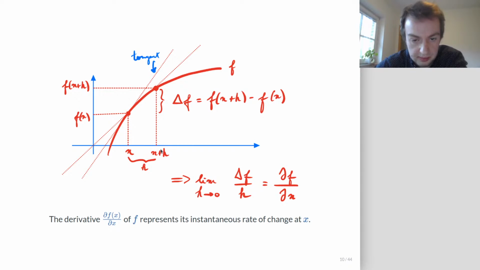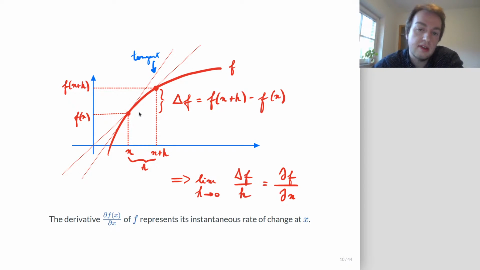So I would look at the value of f at this point, and that would give me this value. And now what you could do is, if you look at the straight line passing through f of x and f of x plus h, right, you would have this one.